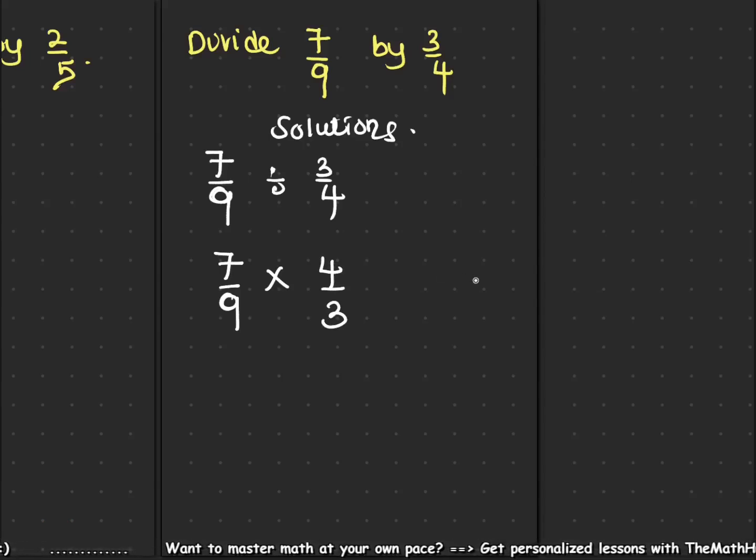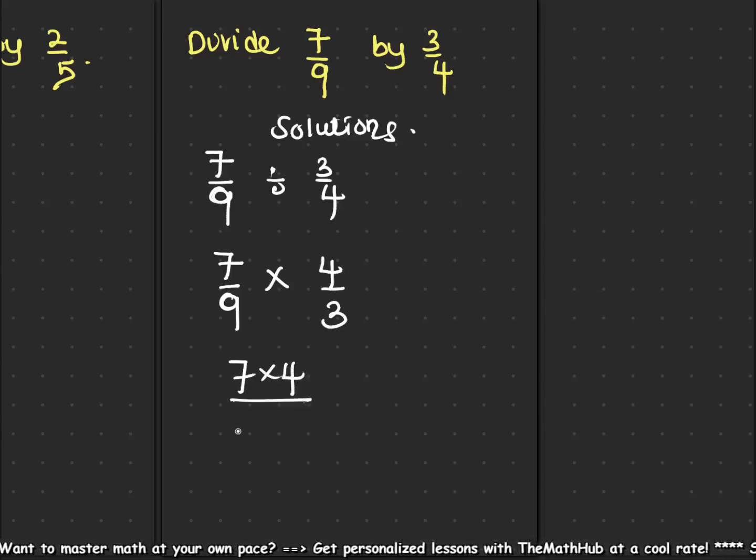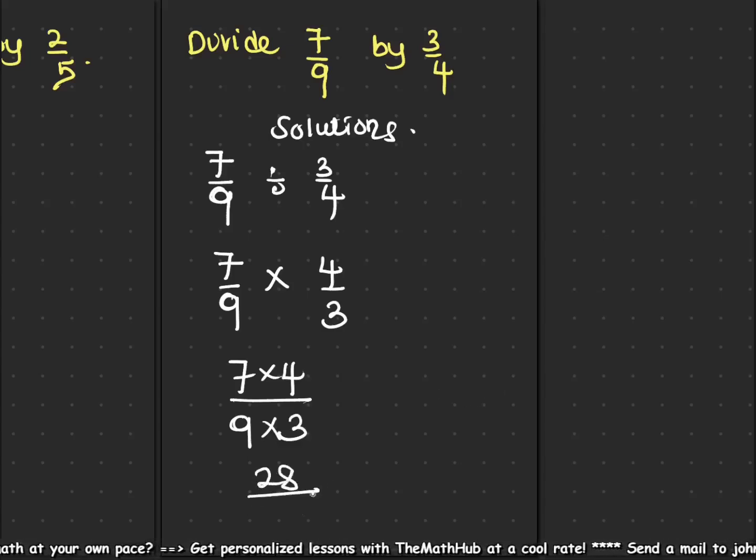Is there any simplification to be done? No. Since there isn't, we are going to evaluate 7 times 4 over 9 times 3. And we know 7 times 4 gives us 28, and 9 times 3 gives us 27.